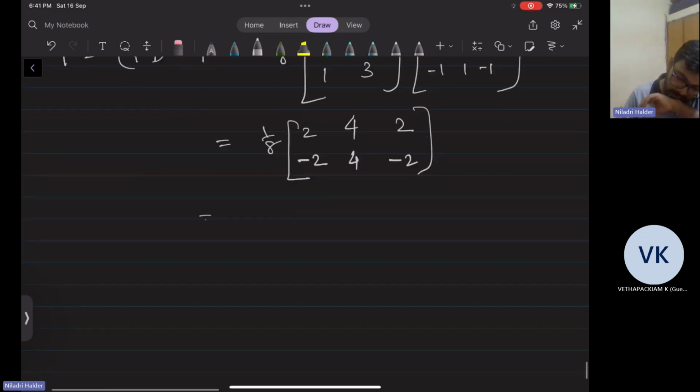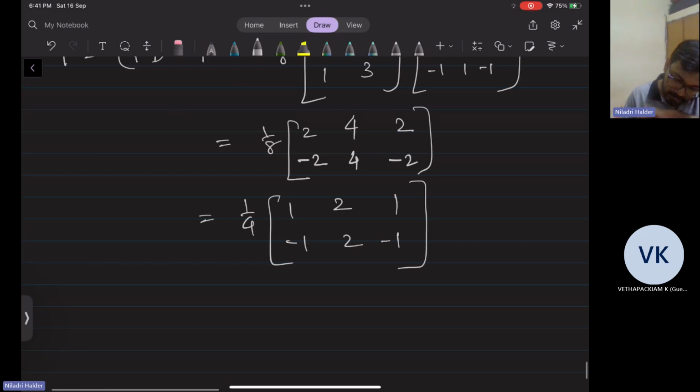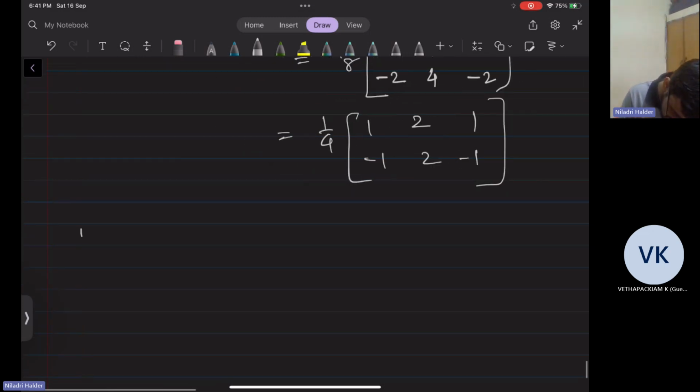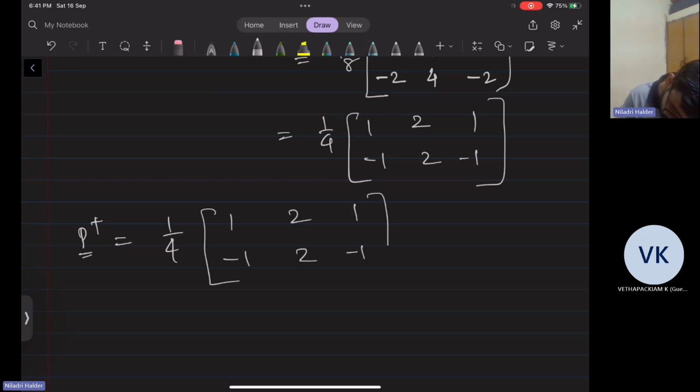That is equal to 1 by 4, 1 2 1, minus 1 2 minus 1. So this is the pseudo inverse: P pseudo inverse is equal to 1 by 4, 1 2 1, minus 1 2 minus 1.